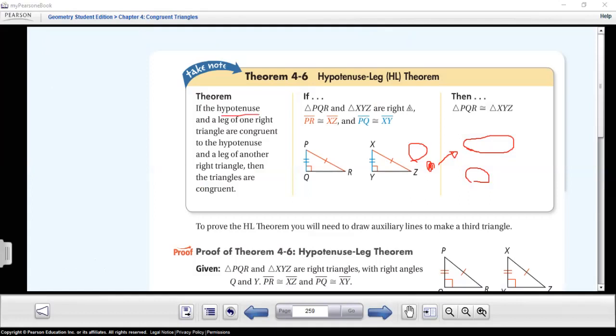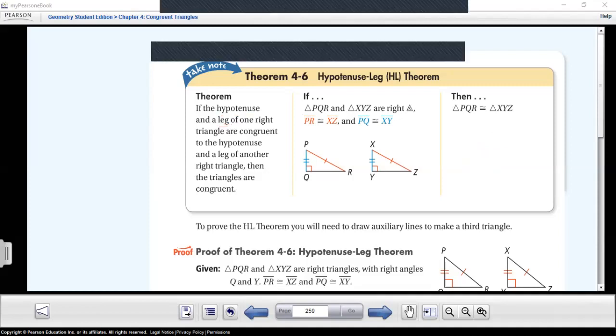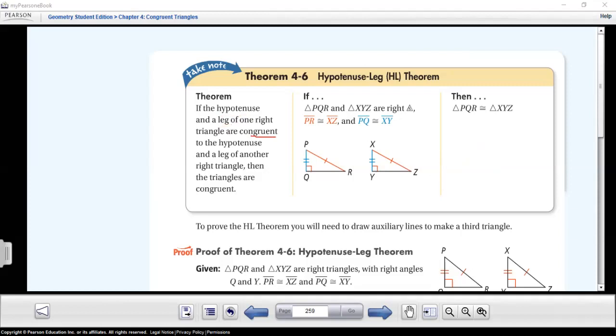If the hypotenuse and a leg of one right triangle, pay attention, just one leg, are congruent to the hypotenuse and a leg of another right triangle, then the triangles are congruent. Again, the hypotenuse is condition number one, and a leg is condition number two.